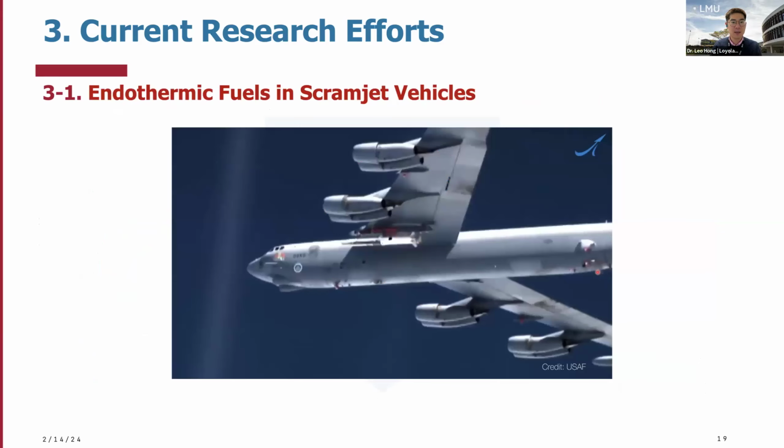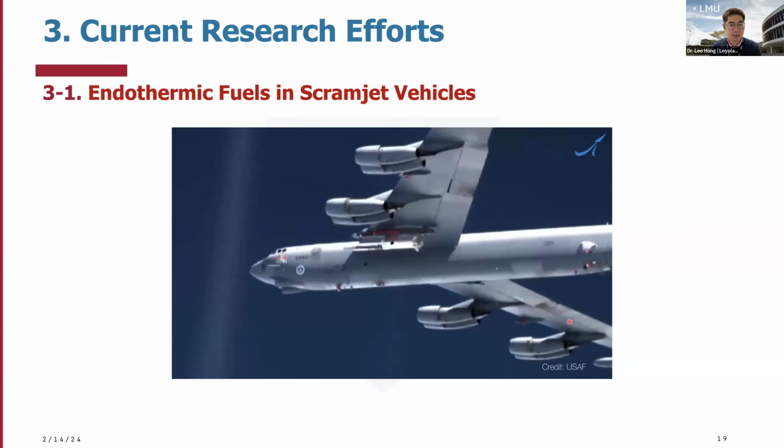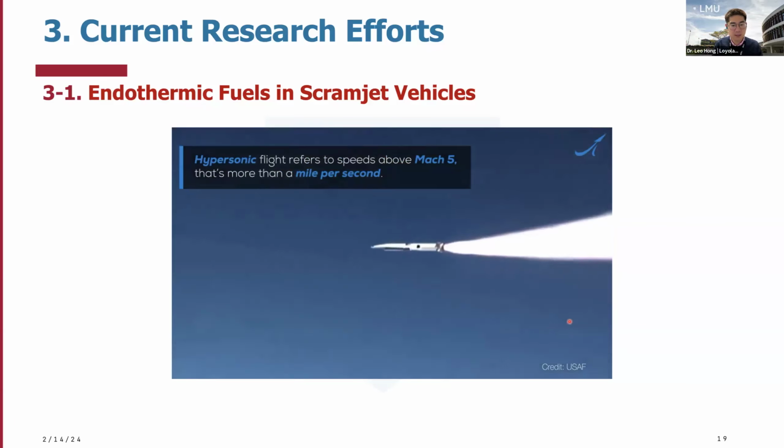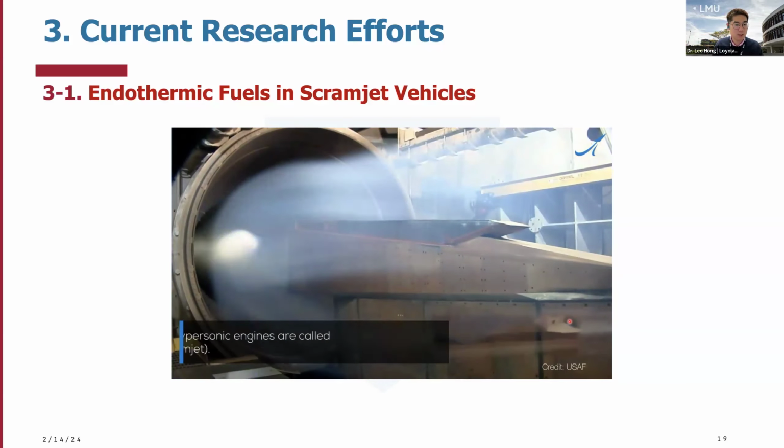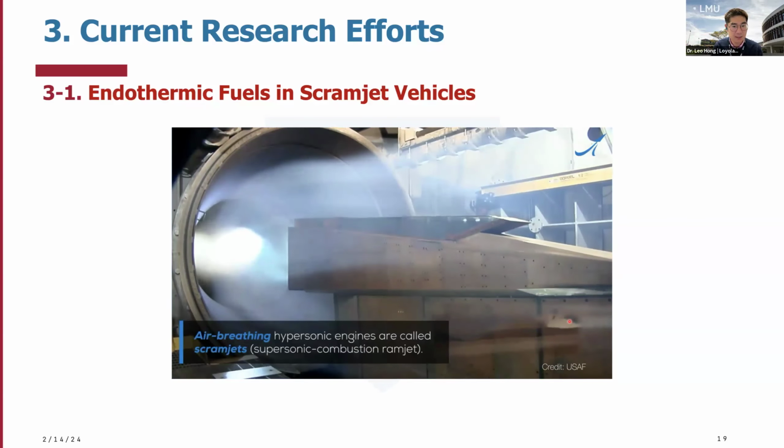Another example is designing high-performance fuels for aircraft vehicles, like hydrocarbon fuels. As you can see here, this runs really fast, at very high temperature and high pressure, which is called hypersonic, very high velocity.